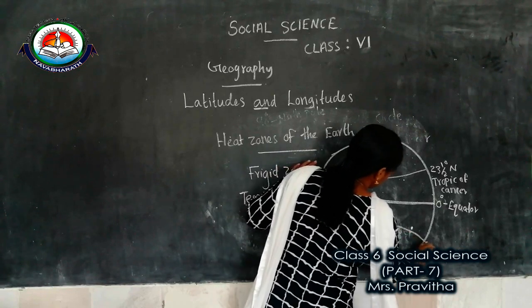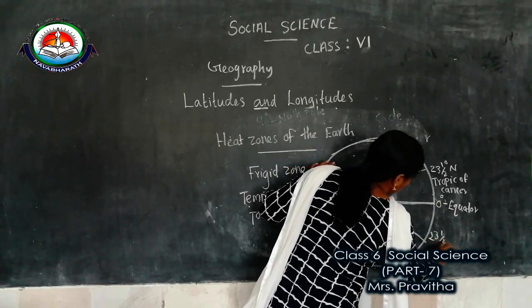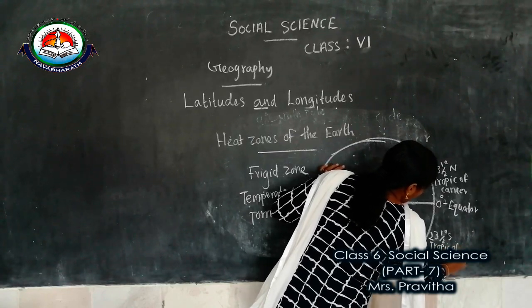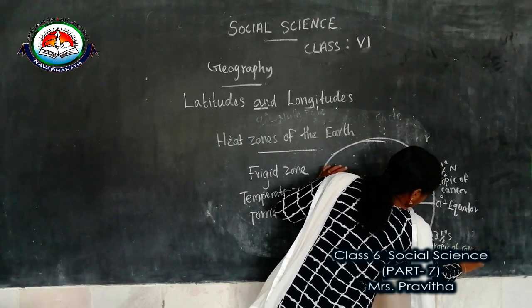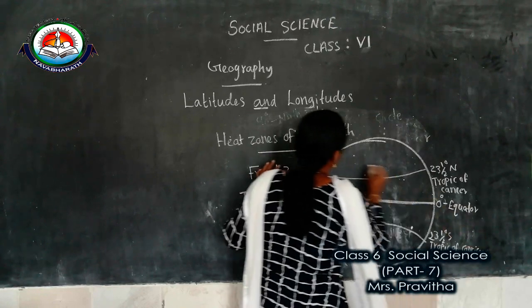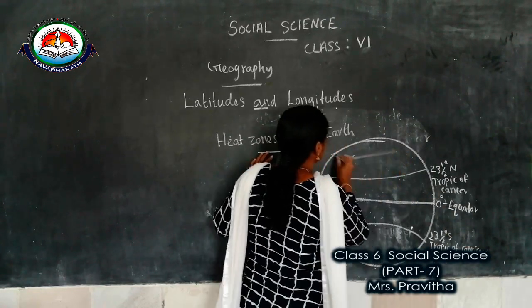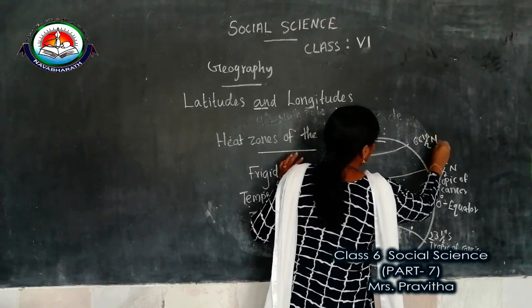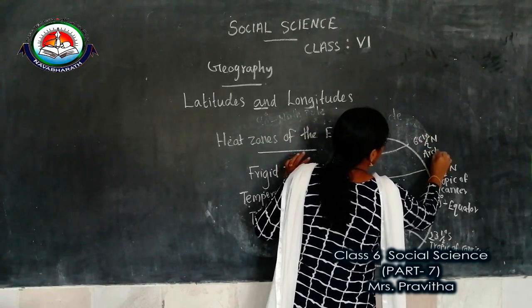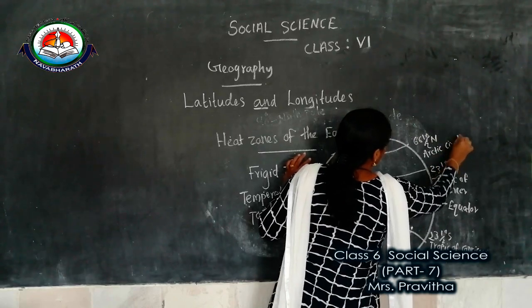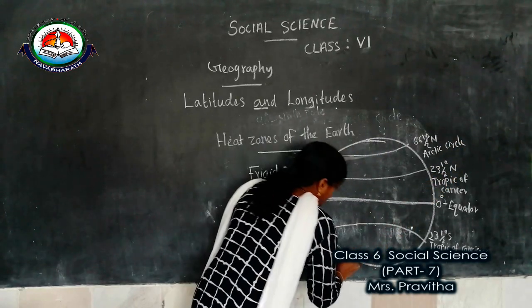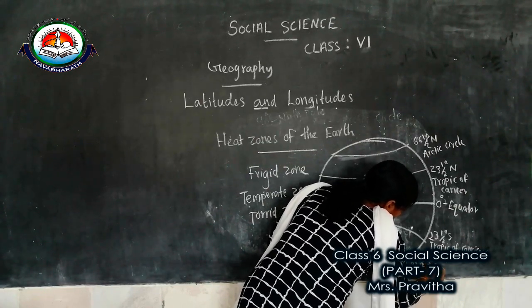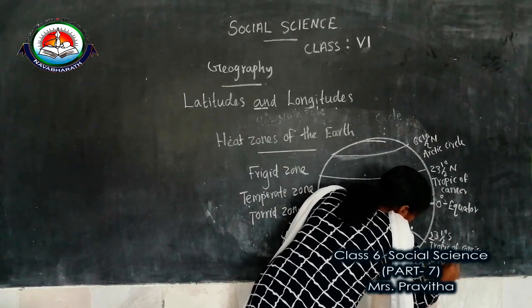23.5 degrees south, Tropic of Capricorn. 66.5 degrees north, Arctic Circle. 66.5 degrees south, Antarctic Circle.